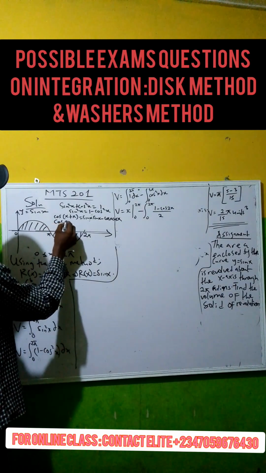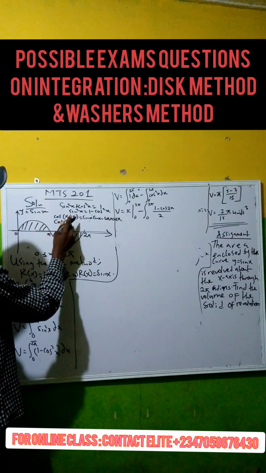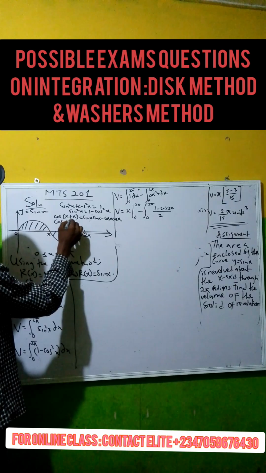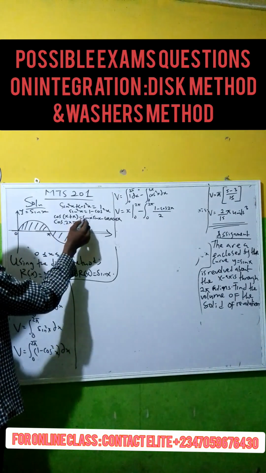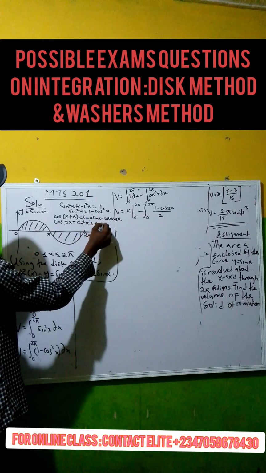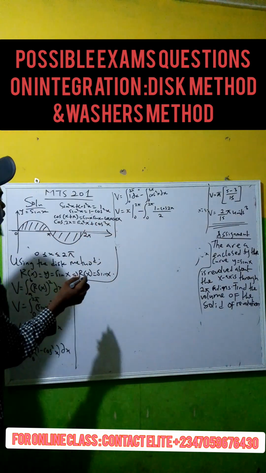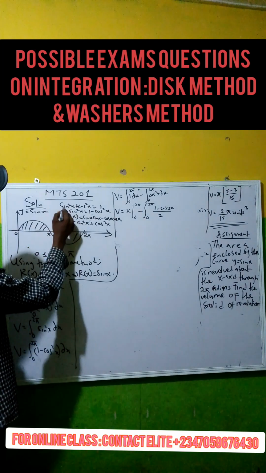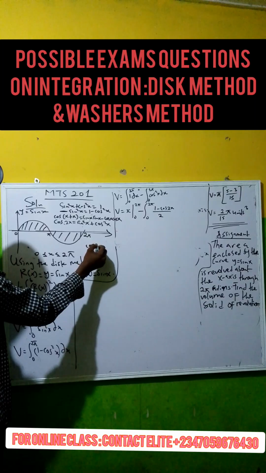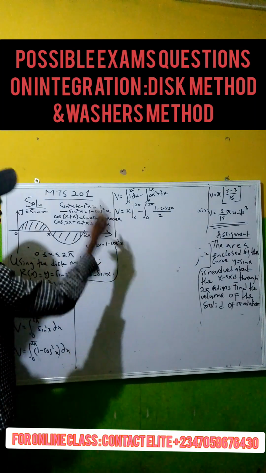If you expand it, that's cos 2x. I'm just trying to let you know that x plus x will give us 2x. So you can substitute sin square x equals 1 minus cos square x here, and you are going to have cos 2x equals 1 minus cos square x.